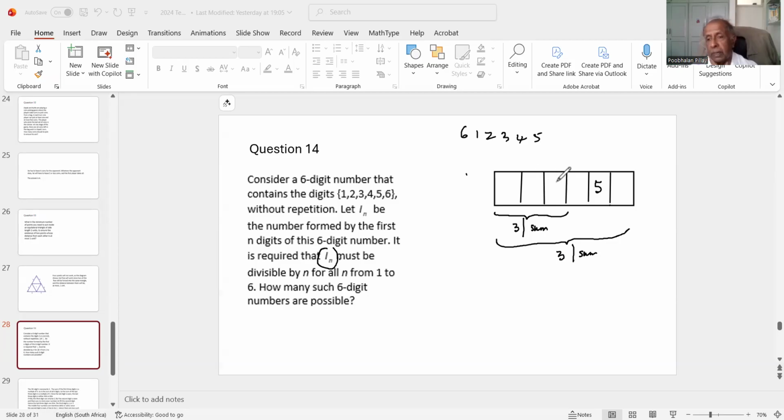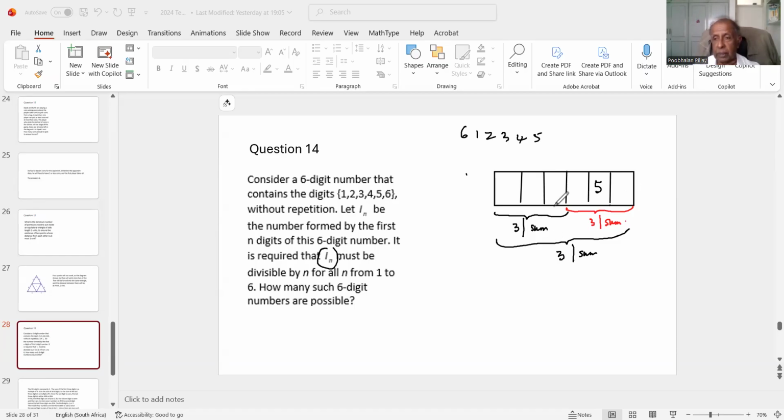So if 3 is a factor of the sum of the digits here, and 3 is a factor of the sum of all the digits, there's a conclusion you can make: these 3 divides that sum as well. I'll put that in red because I know that these two are true.